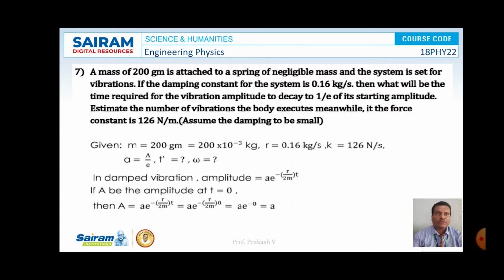Estimate the number of vibrations the body executes, if the force constant is 126 Newton per meter. Assume the damping to be very small.